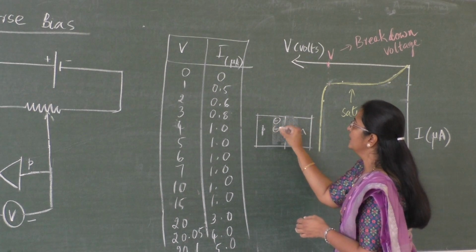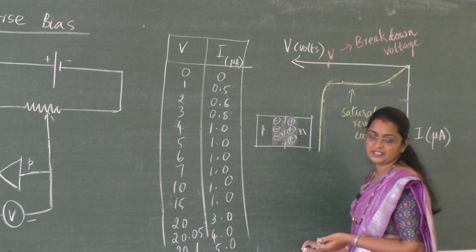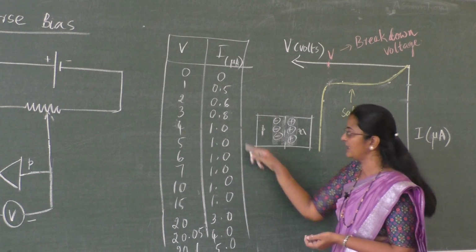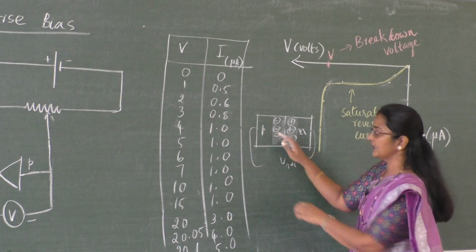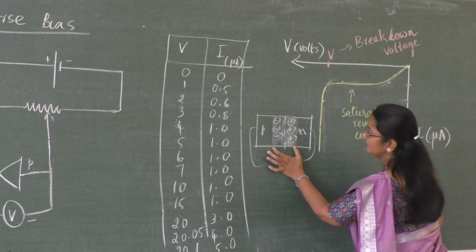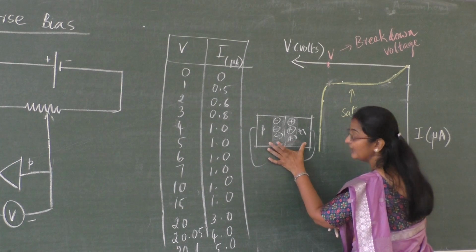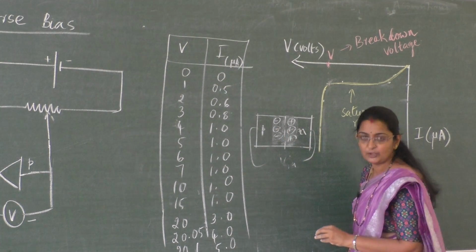Here you have fixed negative space charges and a fixed positive space charge region. As the reverse voltage increases, the width of the depletion region also increases. When this width increases, more and more space charge regions are accumulated.